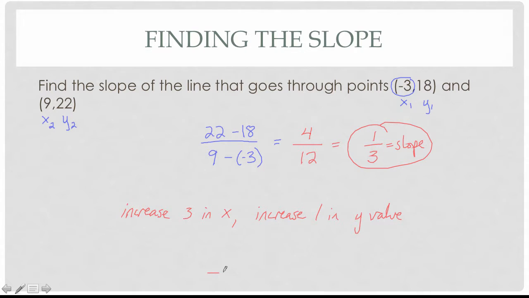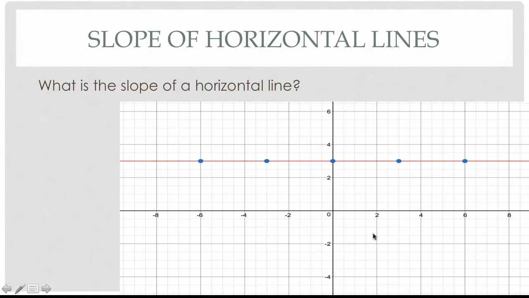If you wanted to graph it, you should see a change in 3 and then up 1. And it would be kind of a little bit more like a flat line. But that's what a slope of 1/3 would look like. It's still increasing, but it's not increasing by a lot. Okay, so we found a slope from a graph, we found a slope from a table, we found slope from just 2 points. Hopefully you guys get good at slope now.